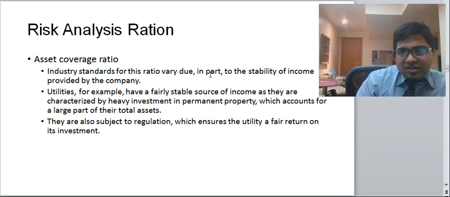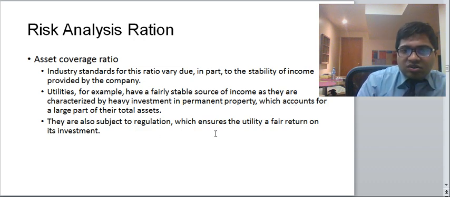Industry standard for this ratio varies from industry to industry, in part due to stability of income provided by the company. Utilities, for example, have fairly stable source of income as they are characterized by heavy investment in permanent property, which accounts for a large part of their total assets.